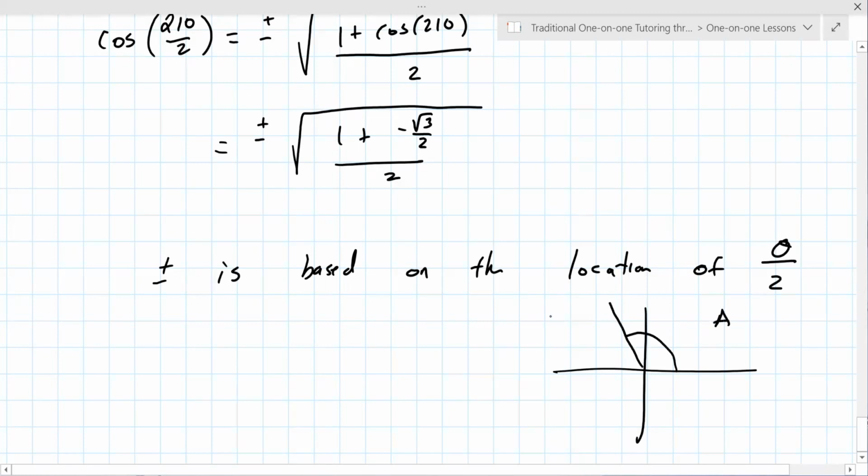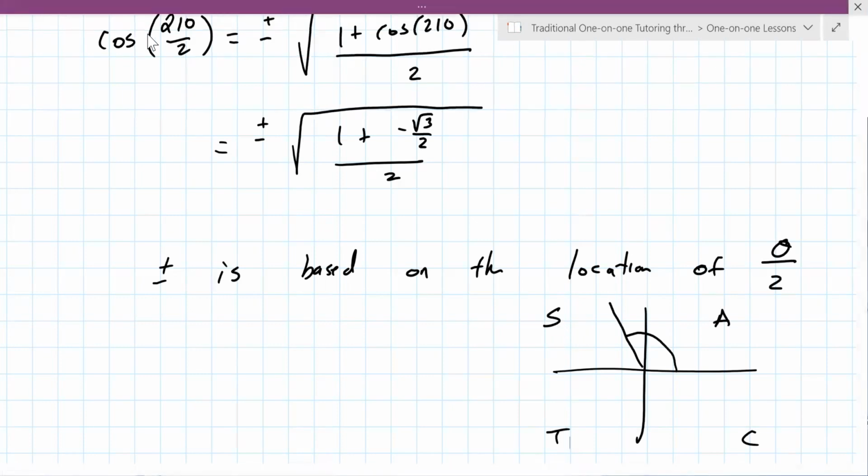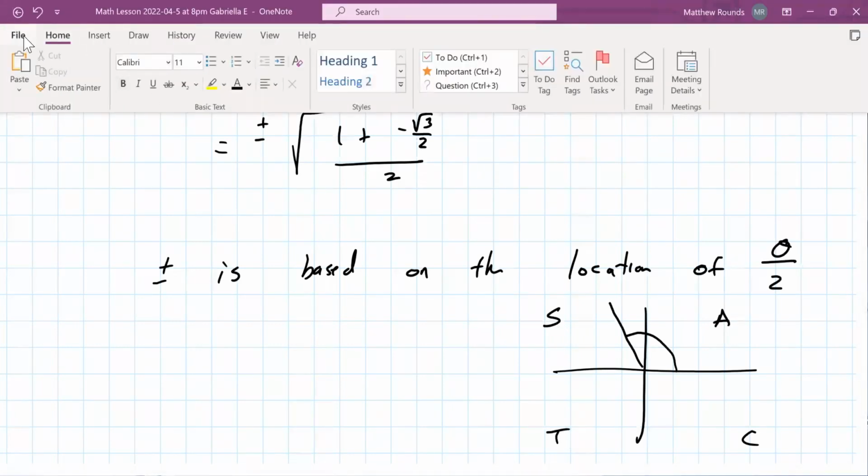And you probably saw this ASTC at some point. What that means is that they're all positive in the first, sine is positive in the second, tangent is positive in the third, cosine is positive in the fourth, kind of like a light switch or logic, where one is on and the others are off. So in the second quadrant, your cosine is negative. So you do have to choose the sign.